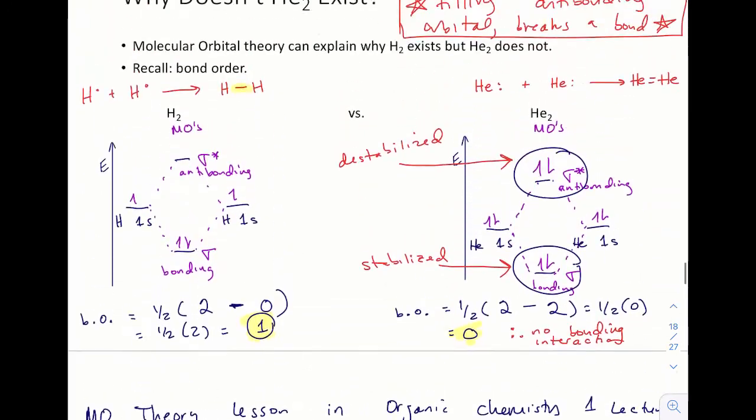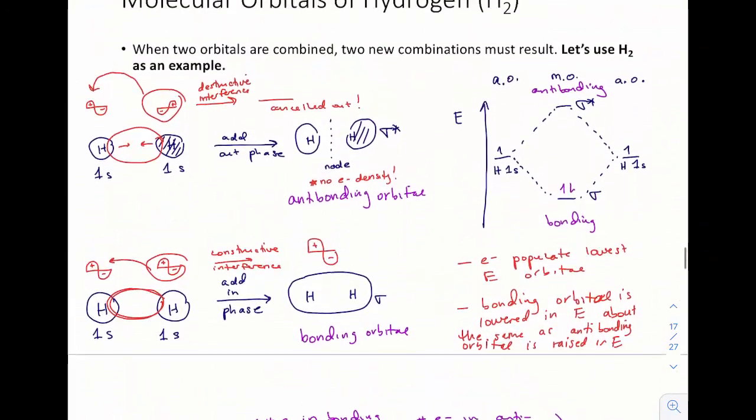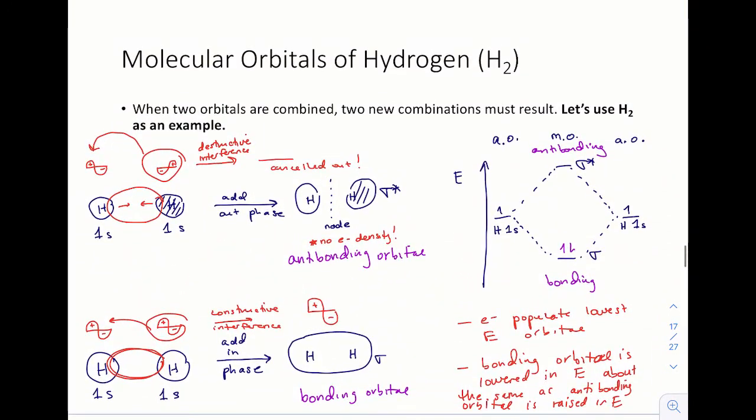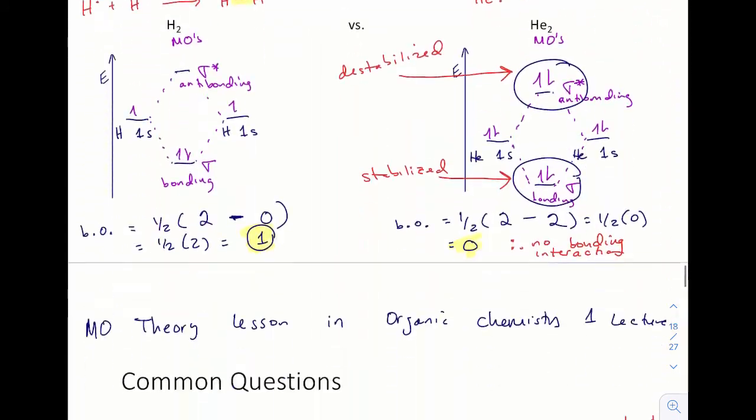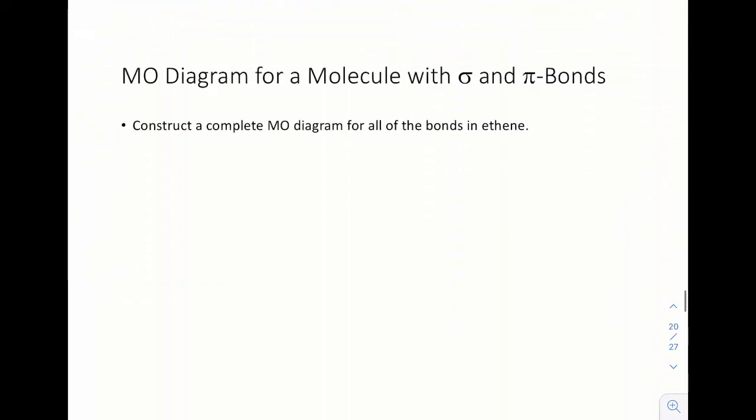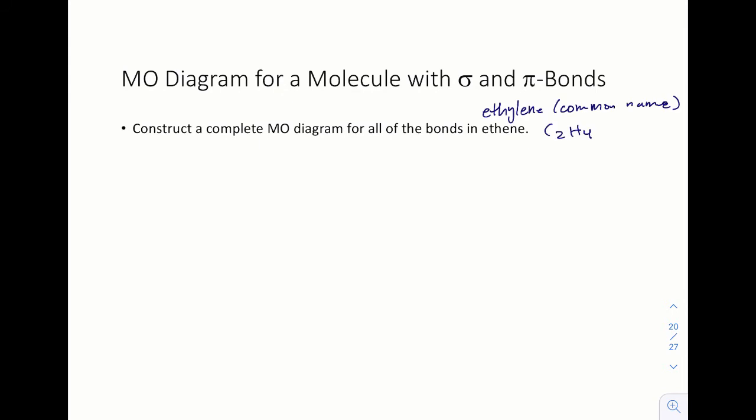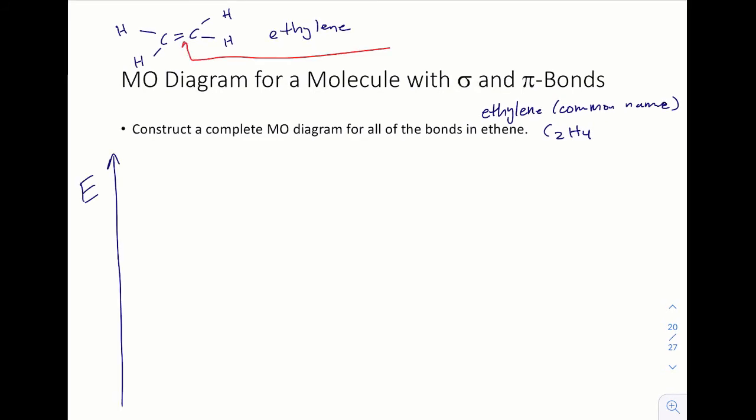Okay, so now that we can draw simple molecular orbital diagrams for small molecules like hydrogen, let's apply this to an organic molecule, and we will look at ethene, which is C2H4, more commonly referred to by the name ethylene. Go ahead and give that a shot, especially if you did the warm-up problems for this lesson. Let's start with the carbons. So there's a carbon-carbon double bond.